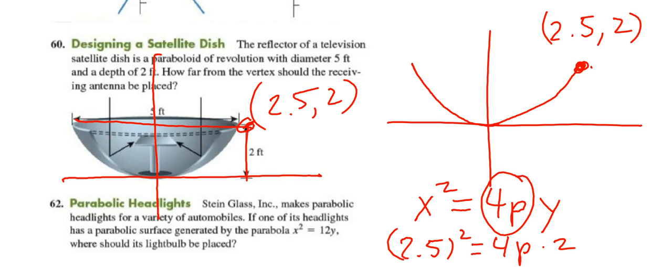If you look at that picture right there, the focus is shorter than the top of the dish, so it's not 5. So if we divide by 2 on both sides, we're going to find out that 4p, what is that, 6 1/4 divided by 2, 3.125, I believe. Better check it on a calculator, even though you've all abandoned me.